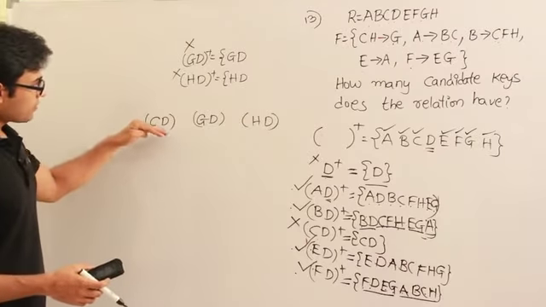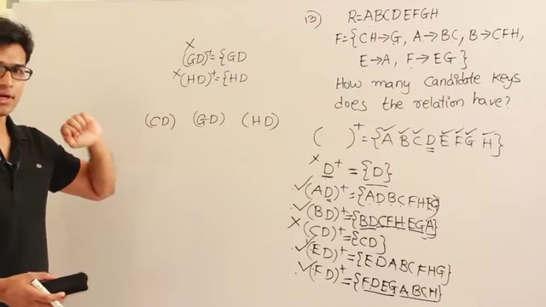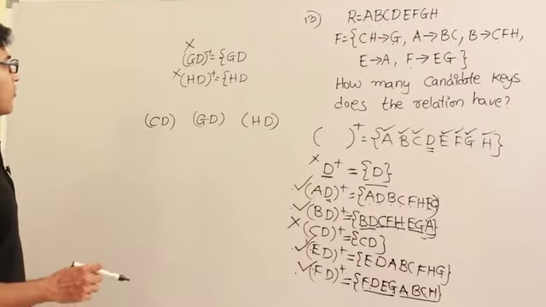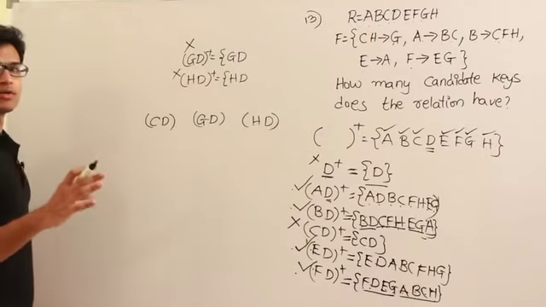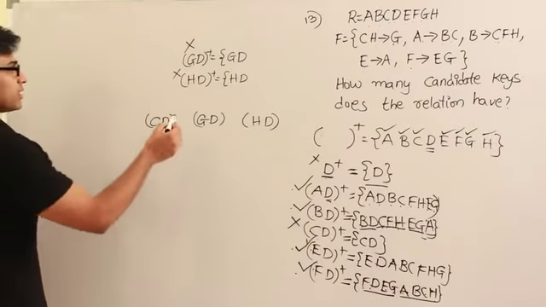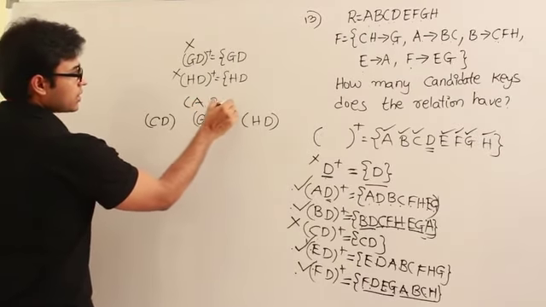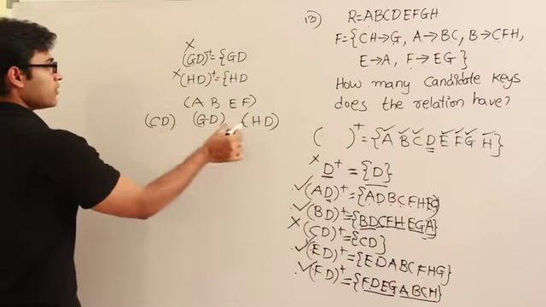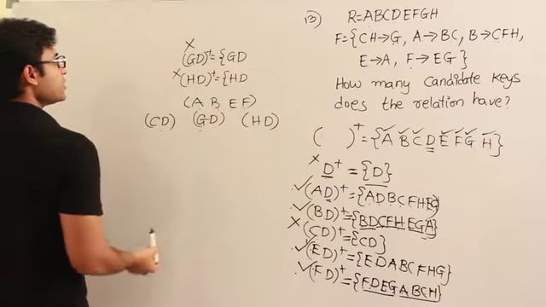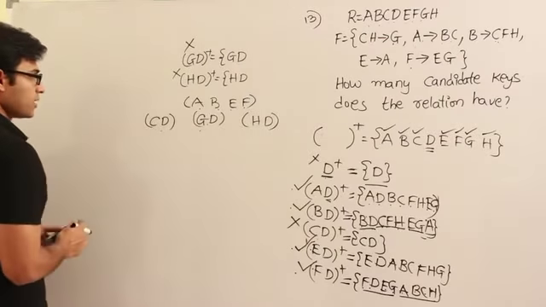And I'll try to add something to these and see if they could be candidate keys. But then the problem is, what are the elements that are allowed to be added without making them super keys? I should definitely not add A, B, E or F, and D is already added, so I should not add it anyway.